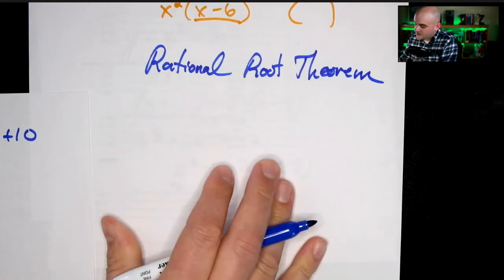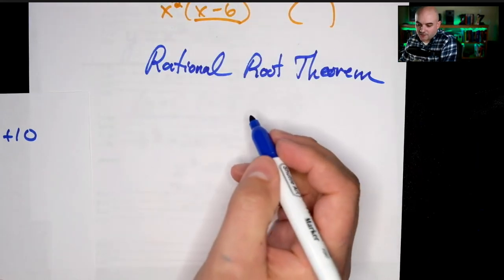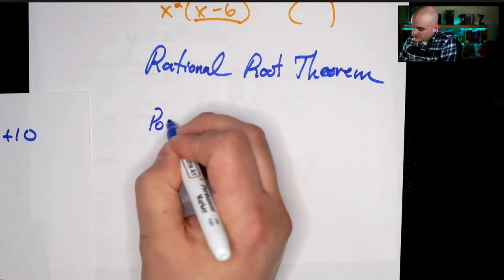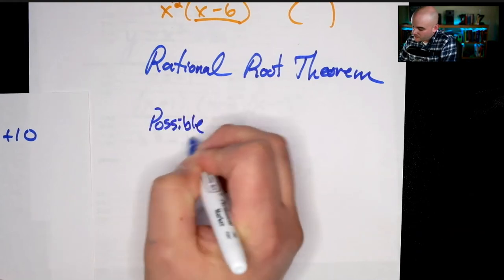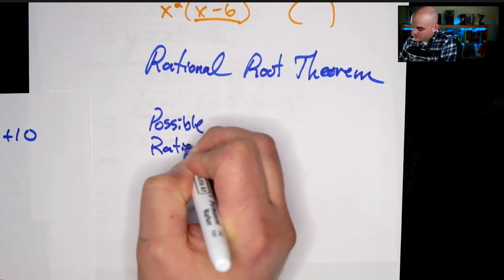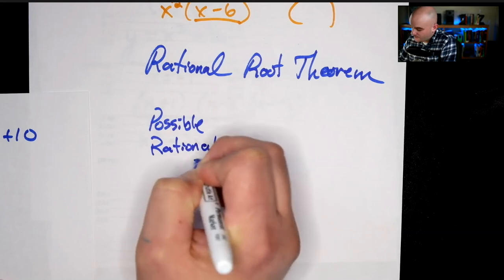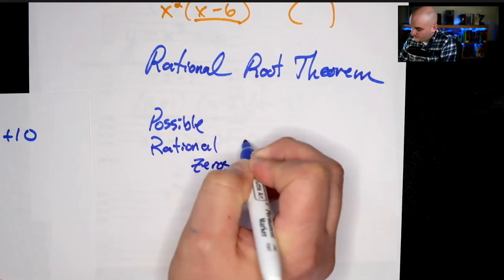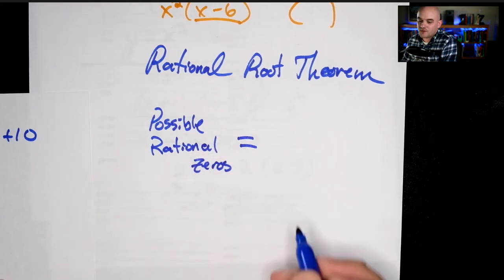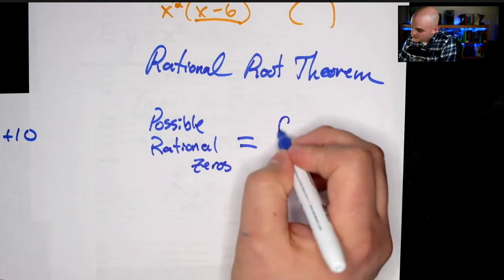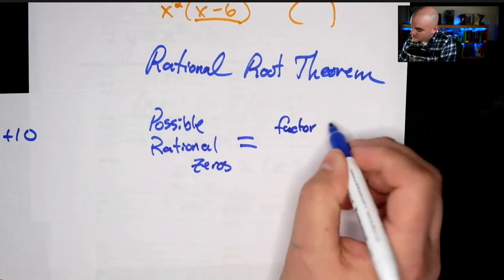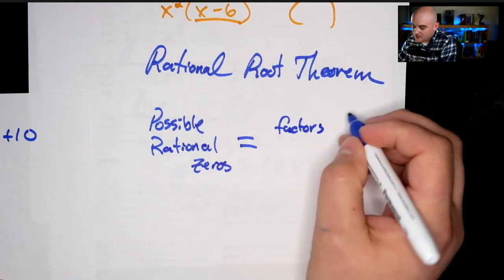And what this says is this. You've got some polynomial function, and the possible rational zeros is equal to the factors of the constant term, and I'll explain what all this means in a second, but we've got to write down the technical definition.